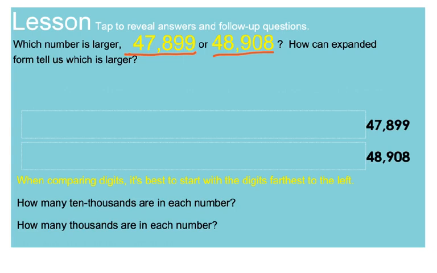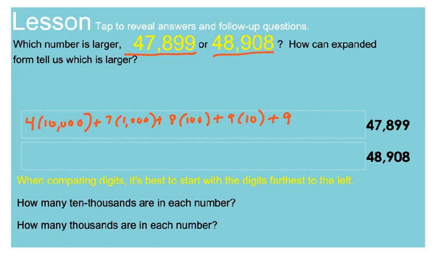In other words, what is the value of the 4? Well, it's like taking 4 in the 10,000s plus a 7 in the thousands place plus 8 in the hundreds place plus 9 in the tens place plus 9.